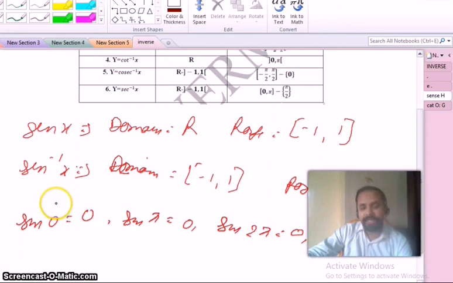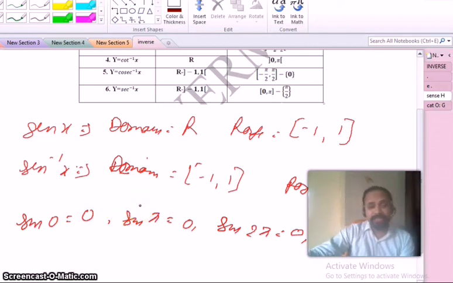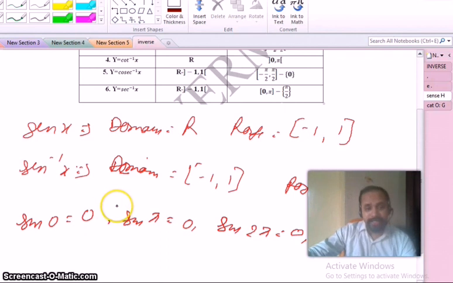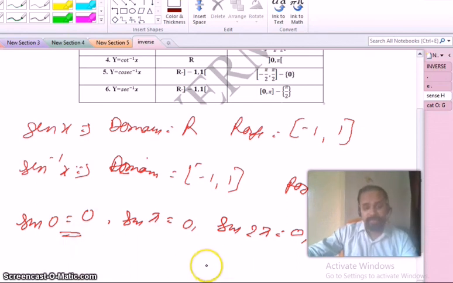That means many values have the same image, so this function is not one-one. And the basic criterion of the inverse of a function is that the function must be one-one and onto. Here it is not satisfied. That means the trigonometric function is not a one-one function.